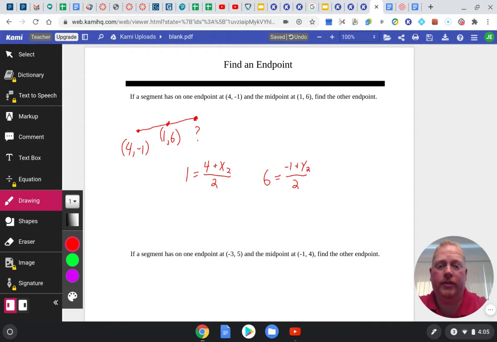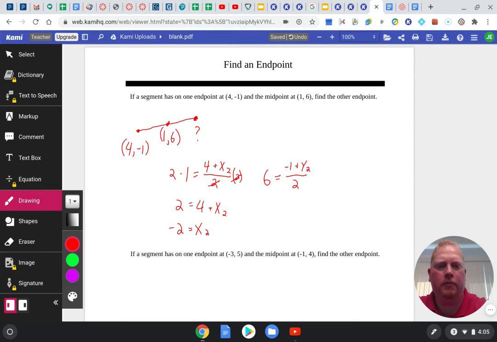And then to solve for those, let's get rid of the fraction by multiplying by 2. So that 2 and the denominator cancel out. Subtract the 4, and I get -2.